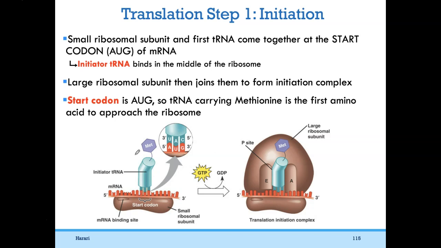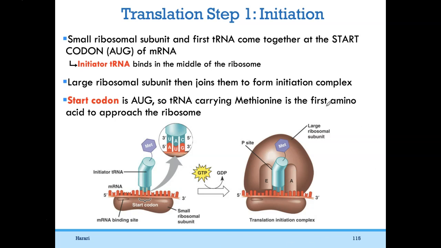What's going to then happen is once the initiator tRNA recognizes the start codon AUG on the mRNA, the large ribosomal subunit will attach and make a sandwich with it, where the mRNA is in the middle, with the small ribosomal subunit and the large ribosomal subunit. The first amino acid is in the P site.